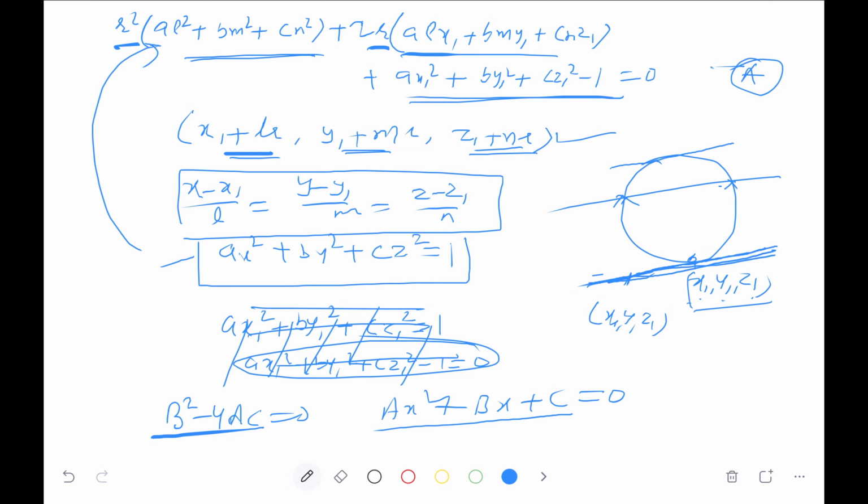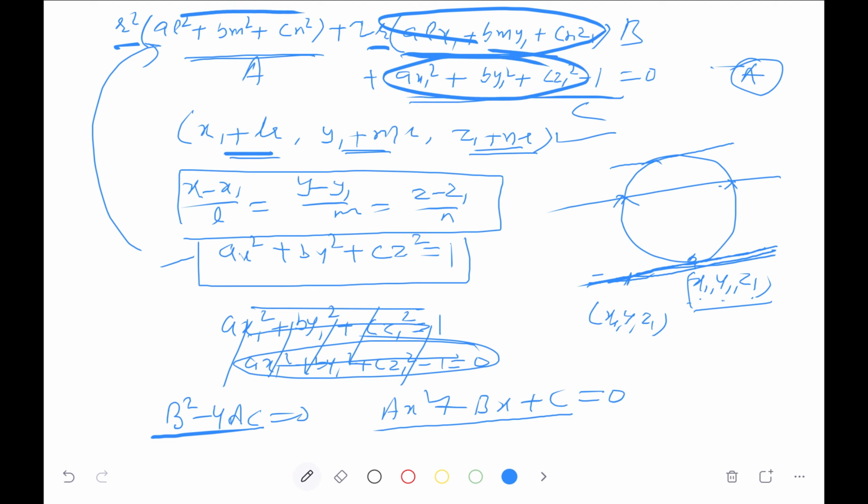So if we compare this equation with our ABC, this is our A, this is our B, and this is our C. Now we want the two values of r to be same. For that we want B square minus 4 into AC to be equal to 0.